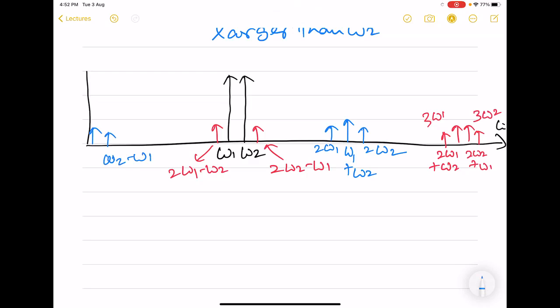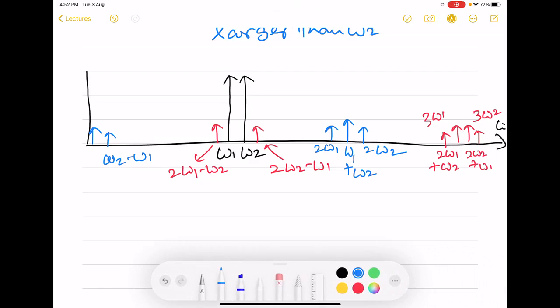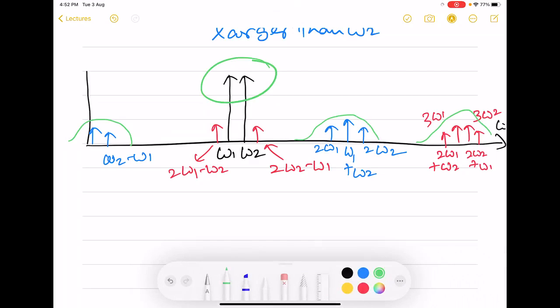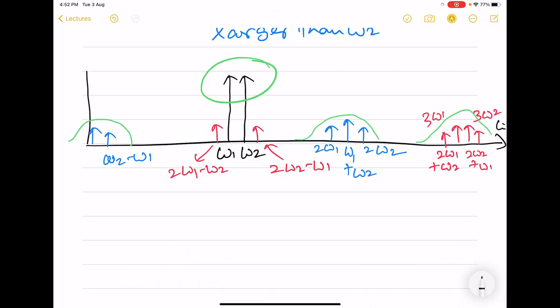So here what we see is that most of the components are widely separated, like this one and this one. They all are quite far away from the desired one. This is the desired one. So one can always put a filter with a certain characteristic centered around the desired.